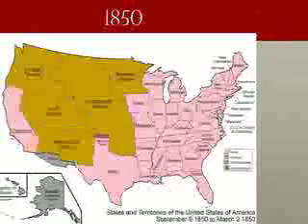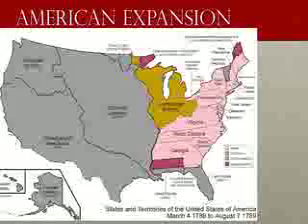Now this next slide that I want to show you says American expansion. And as you look at this slide, you will see that it's a GIF file. So what you will see is this gradual push, this gradual growth and expansion of the United States, all the way from the beginning of 13 original colonies and states, all the way to today.